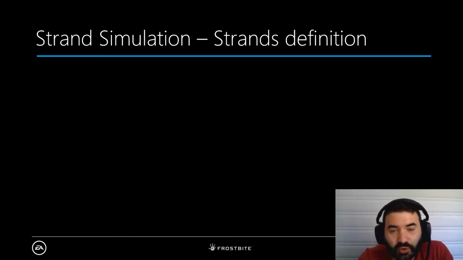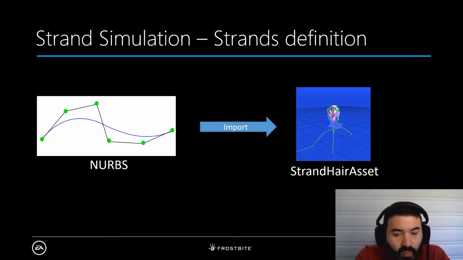Alright, let's now go over an overview of the simulation. To start with, let's discuss where the data is coming from, where those strands that we see on screen are actually coming from. As discussed before, the strands are imported in our engine as NURBS.